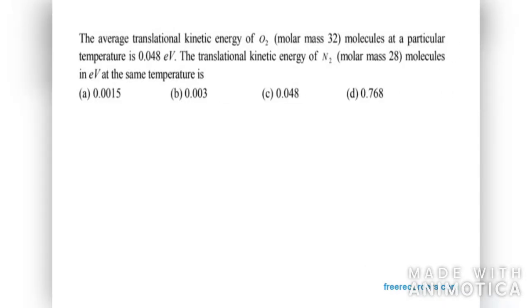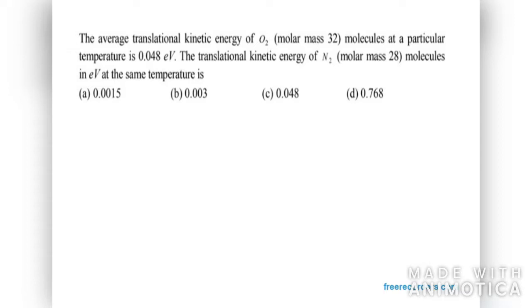Moving on to the next. It says the average translation kinetic energy of oxygen molecules at a particular temperature is 0.048 electron volt. The translational kinetic energy of N2 molecules in eV at the same temperature is.